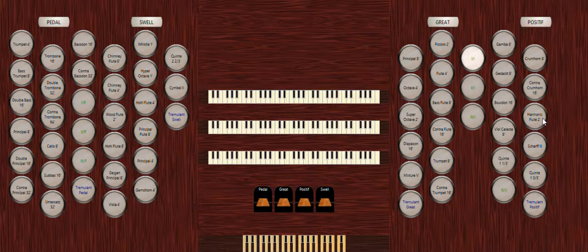Okay, 2-foot harmonic flute. And so that's the whole division. Okay, here is the tremulant example with a Bourdon. What is the lowest note with tremulant? Basically no difference. Okay, so here is full positive with tremulant.